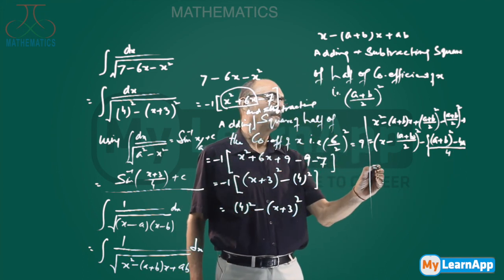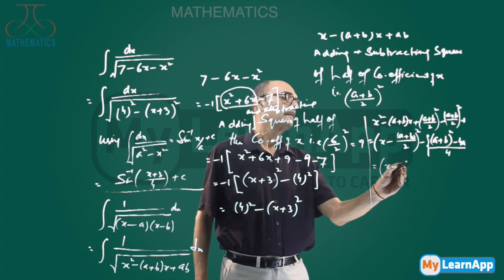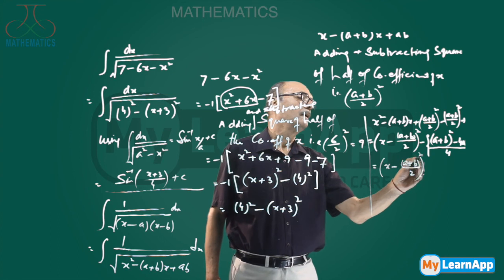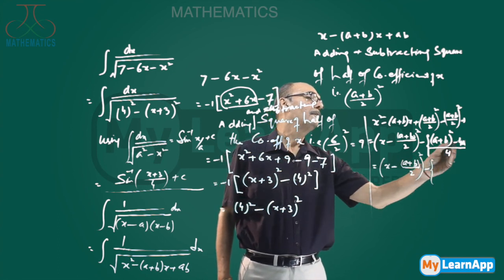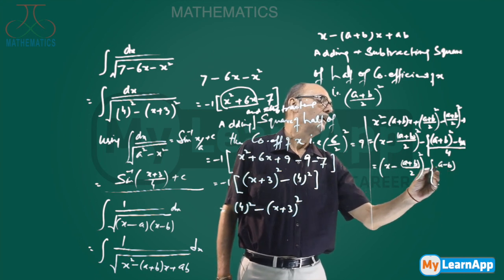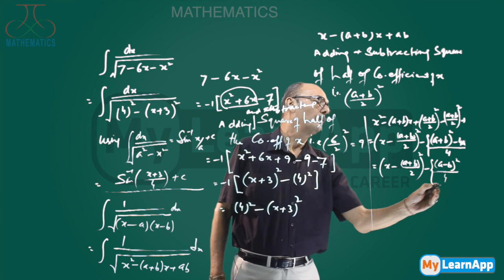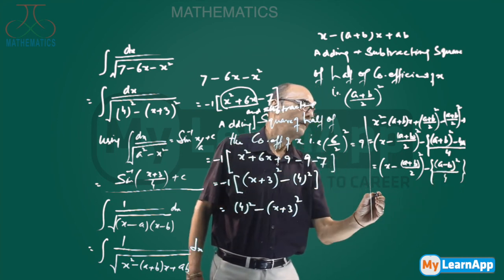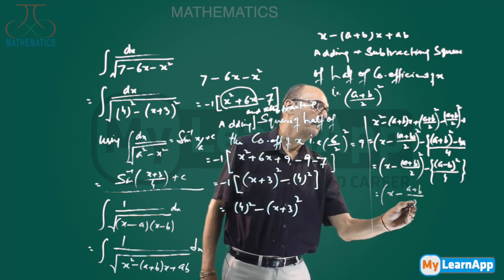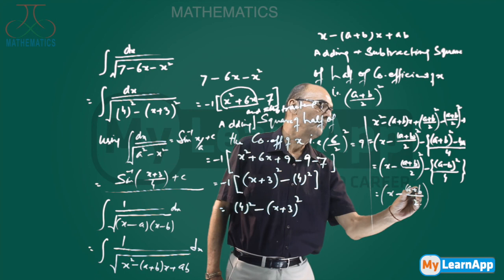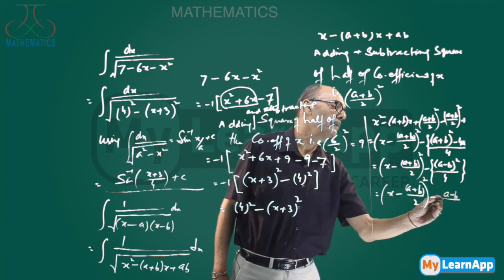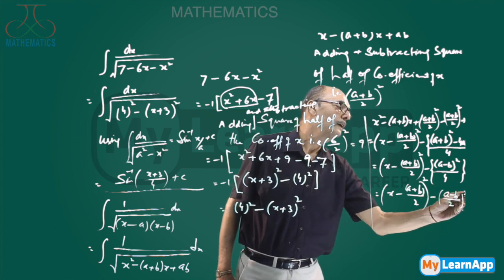And finally, this is x minus a plus b by 2 square minus, this is a formula for a minus b square upon 4, or further x minus a plus b by 2 whole square minus a minus b by 2 and square of this.